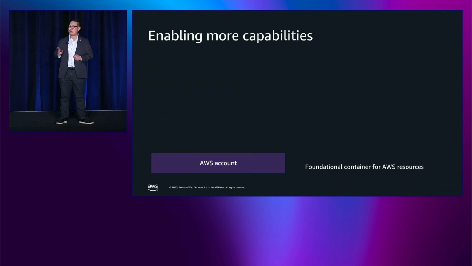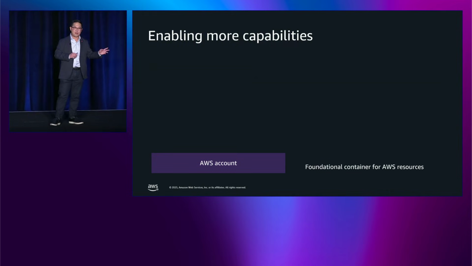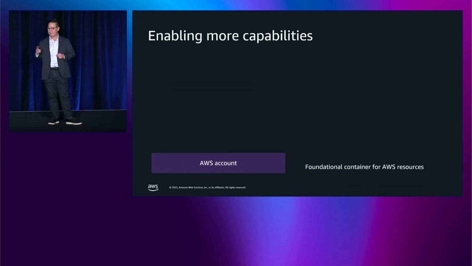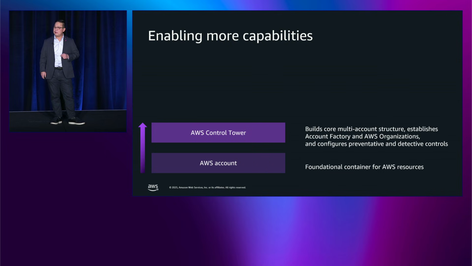First, we're going to start with an AWS account. This will be the foundational container where your AWS services and resources will reside. On top of that, we're going to have AWS Control Tower. AWS Control Tower provides the initial multi-account structure for the landing zone.